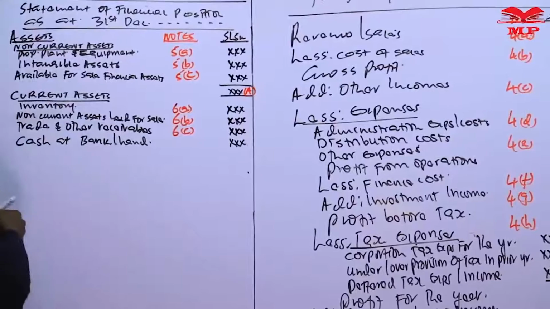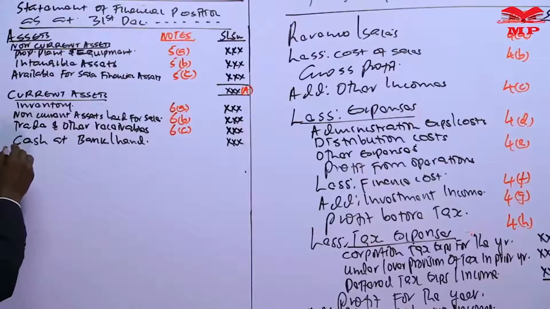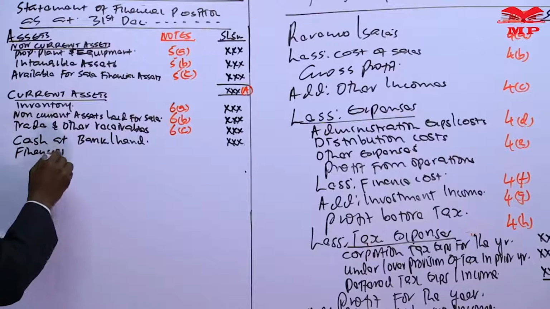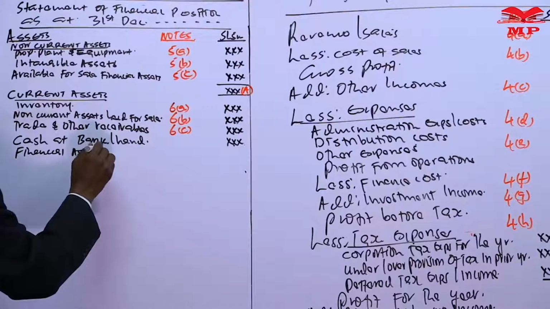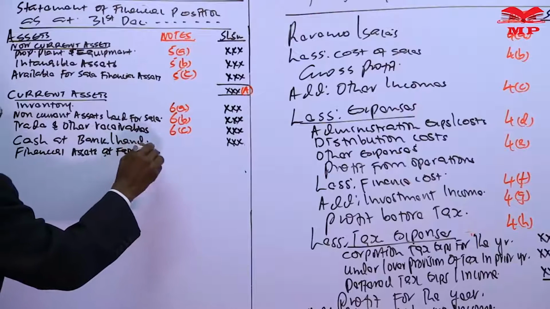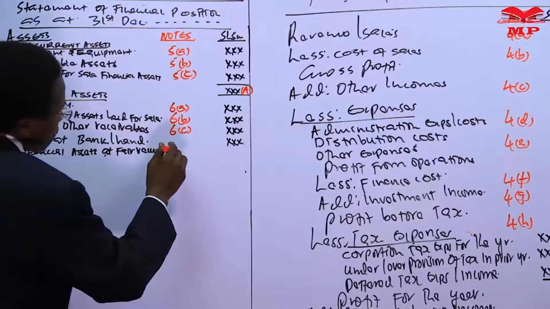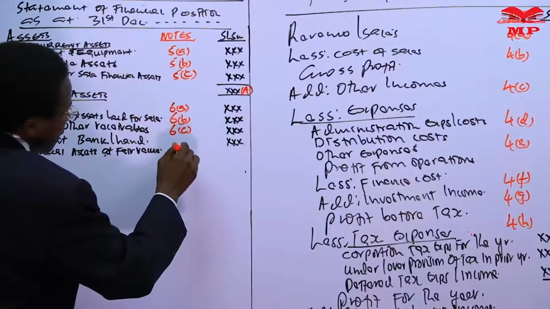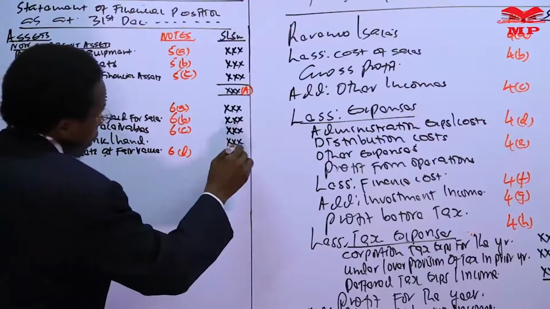Or we may have this item, financial assets at fair value, right? Financial assets at fair value. This item can be explained in note number 6D, right? So you'll have this item in that order.